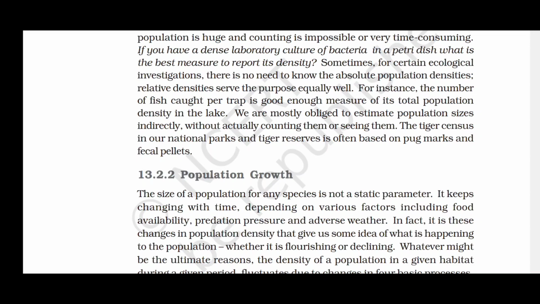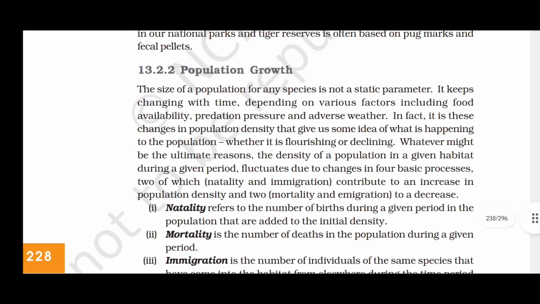Population growth. The size of a population for any species is not a static parameter. It keeps changing with time. Depending on various factors, including food availability, predation pressure, and adverse weather, in fact, it is these changes in population density that give us some idea of what is happening to the population, whether it is flourishing or declining.